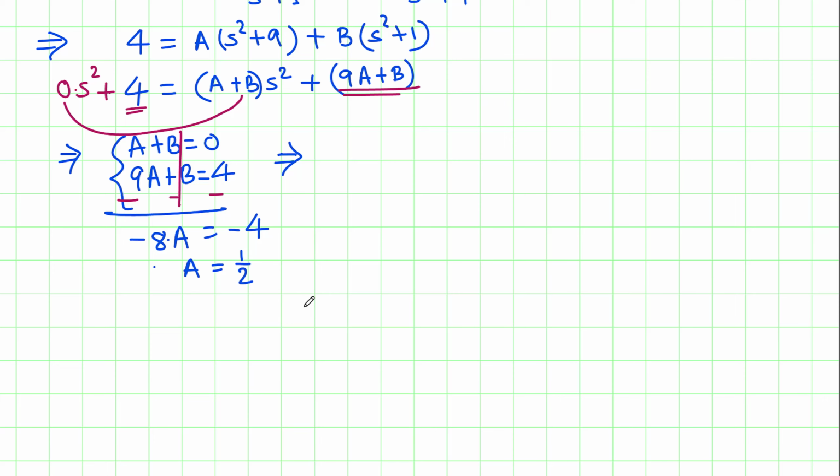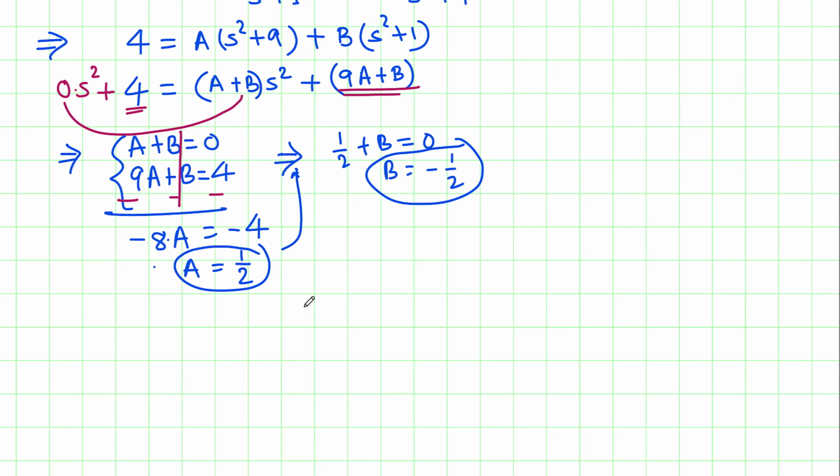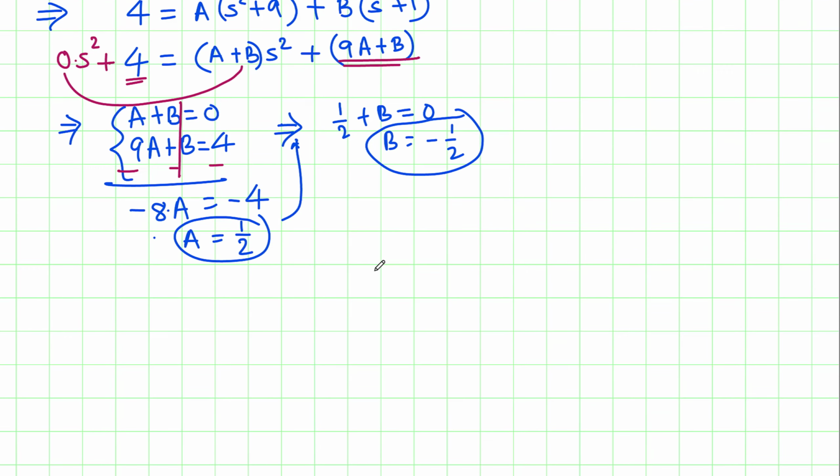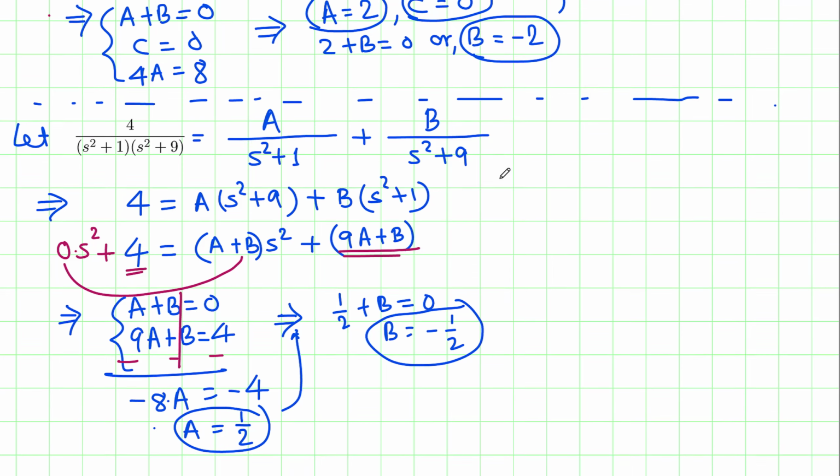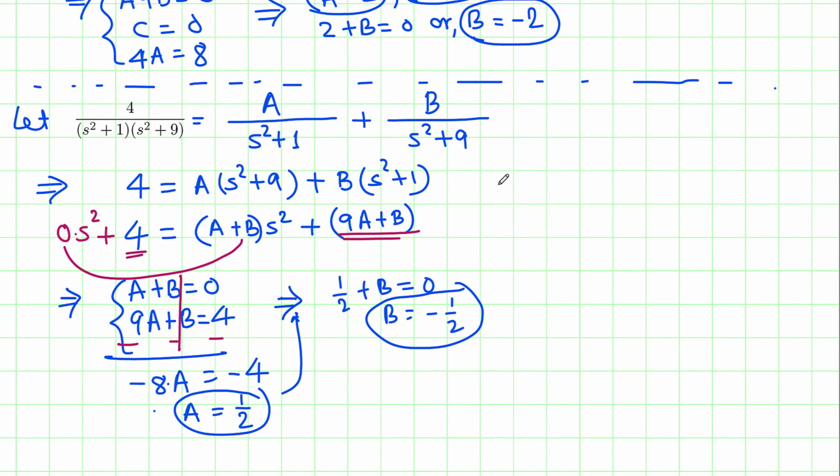That means b equals negative a, and replace b by negative a, so we end up getting the same thing. And now a is 1/2, so 1/2 plus b equals 0, because we got a plus b equals 0. So b is negative 1/2. Now we can go here and write down the final answer.